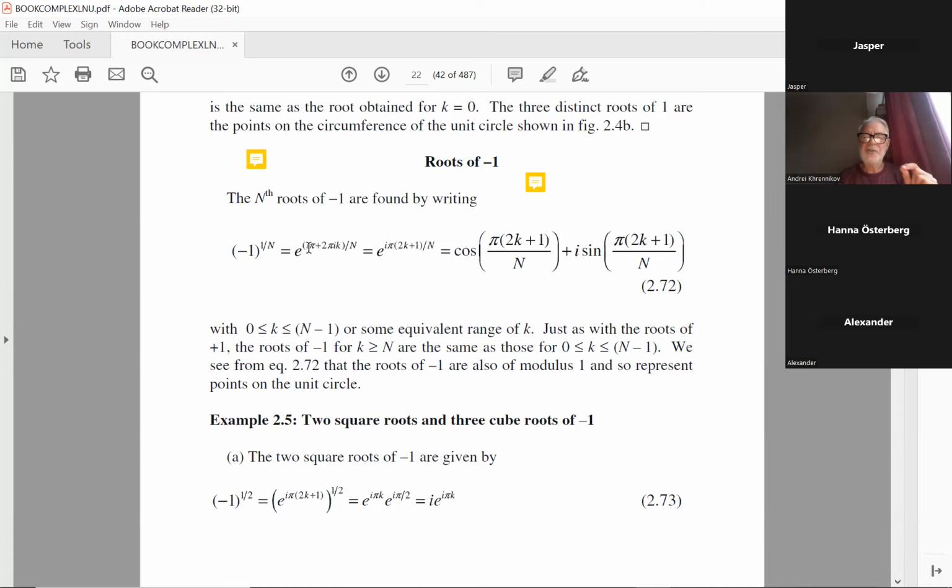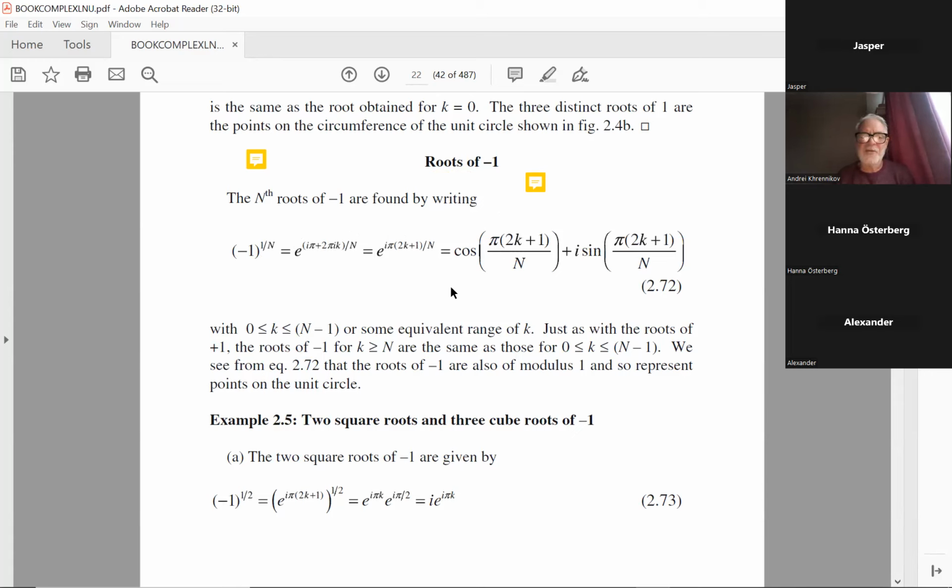But what is the most important? That we can add any 2 pi I k. You should remember that always when we write this exponential form, we can make any number of additional rotations, and we again come to the same point.